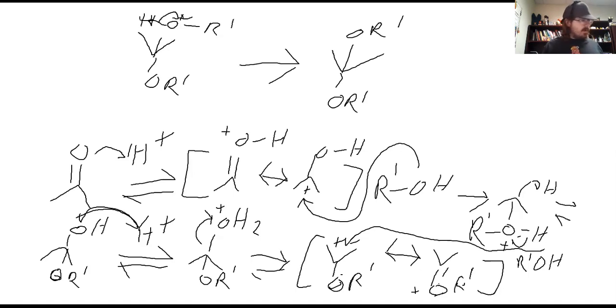Now, why is this important? Well, there are certain protections we can do, but also you've got to think about your sugars, all your sugars, your 6 carbon, 5 carbon, with multiple alcohol groups and a ketone at the end.